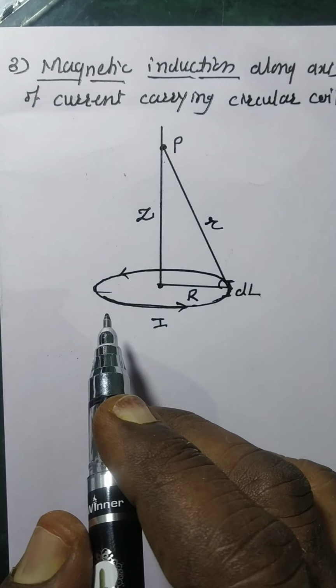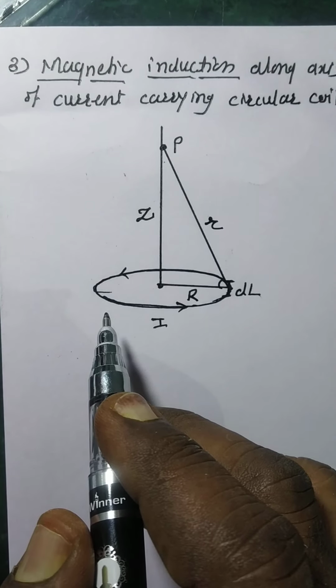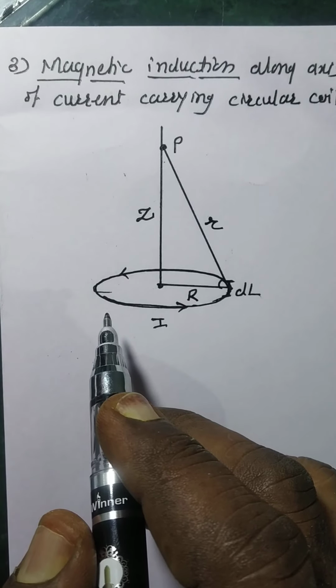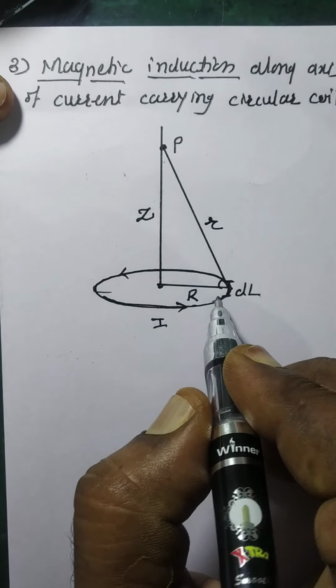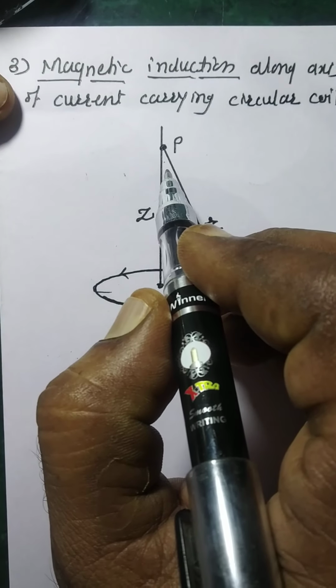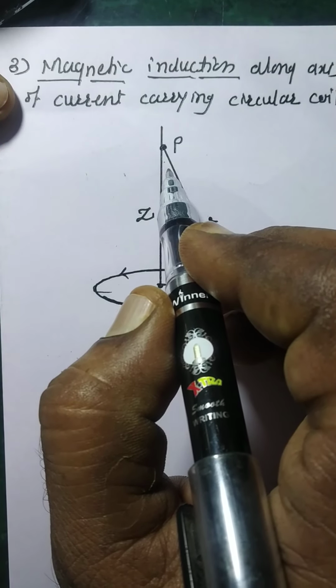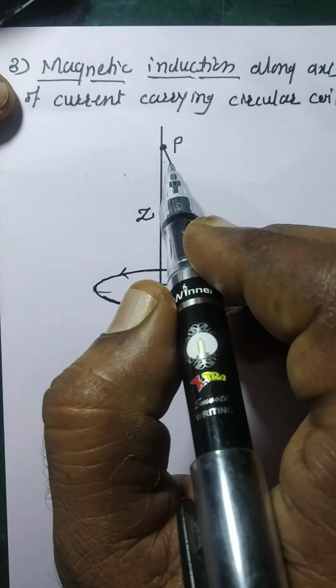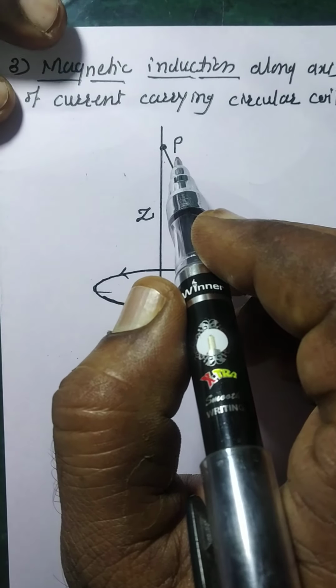Consider a current carrying circular coil. Let P be any point along the axis of the coil at which magnetic induction is to be determined.